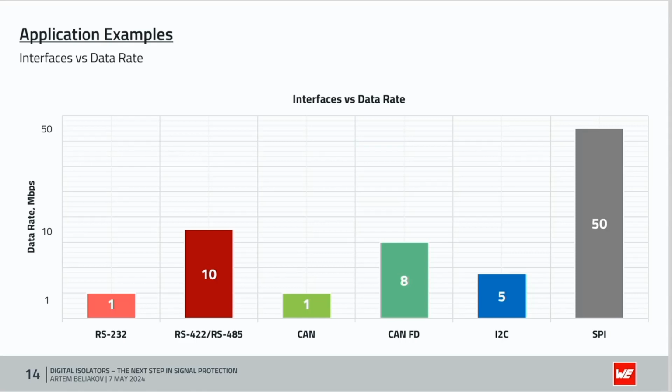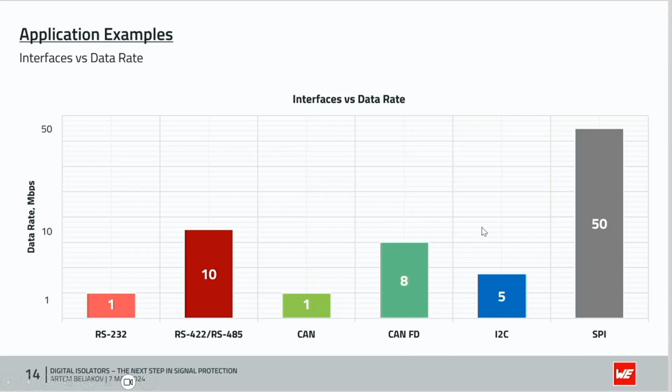Next type is standard CAN with data rate up to 1 megabit per second, and CAN-FD, which means CAN flexible data. The CAN-FD is 5 to 8 times faster than standard CAN, and of course the main application for CAN is automotive and industrial automation. Second type is I2C interface.